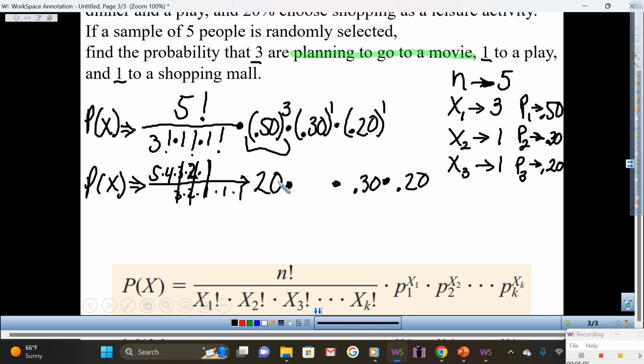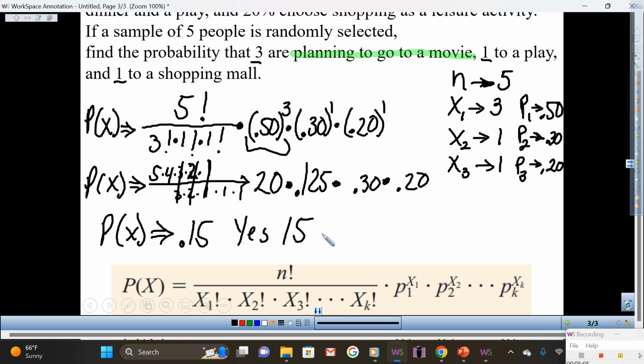Or 1.2? Bless you. 0.125. So, P of X equals 15% or 0.15. Yes. Yes, 15%.